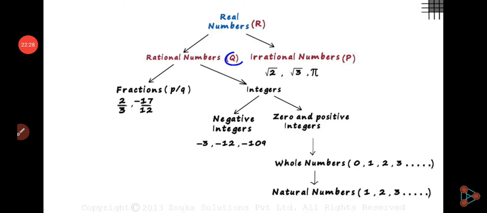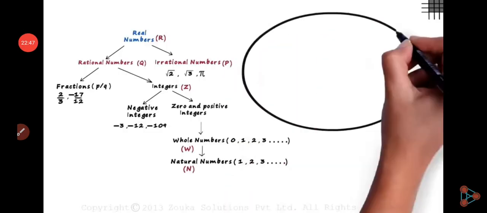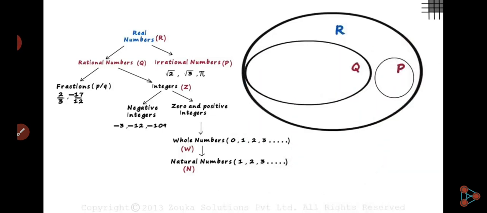So see, this is the full factor tree of real numbers. Real numbers we denote as capital R, rational numbers as capital Q, and if we denote irrational numbers as P, then we can say that in real numbers there are rational numbers and irrational numbers.